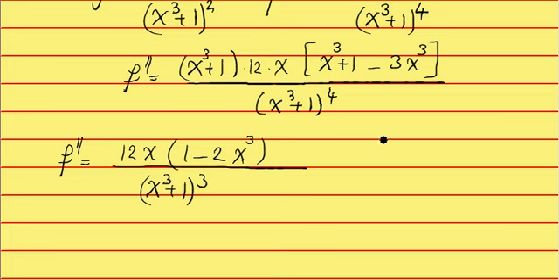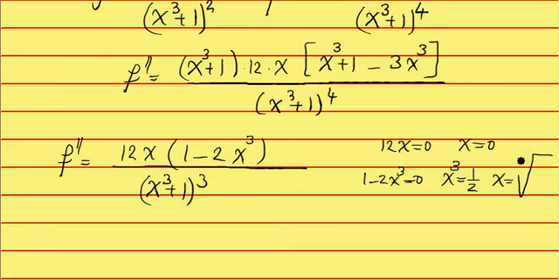Either 12x is equal to 0, which tells me x is equal to 0, or 1 minus 2x cubed equal to 0, which tells me x cubed is equal to a half, which tells me x is an unfriendly number, x equals cube root of 1/2. Or here we have to set the denominator equal to 0 also, and that tells us x cubed is equal to minus 1, which tells us x is equal to minus 1.